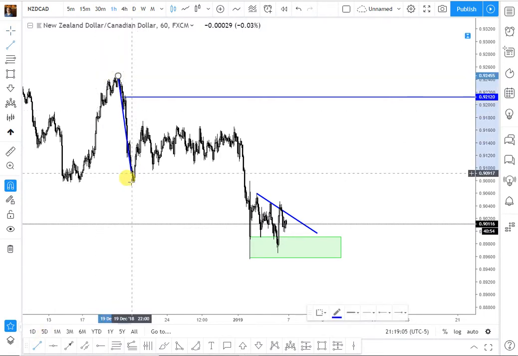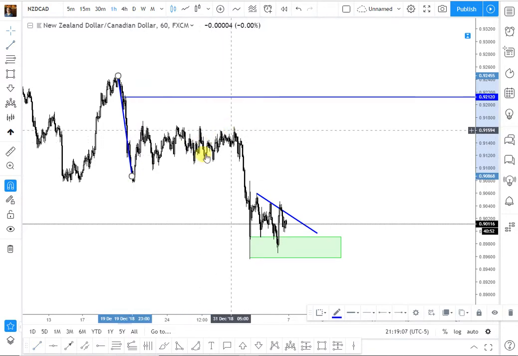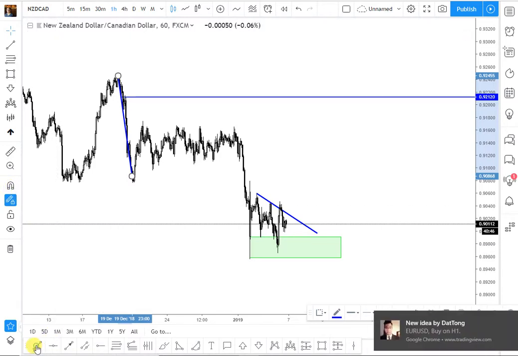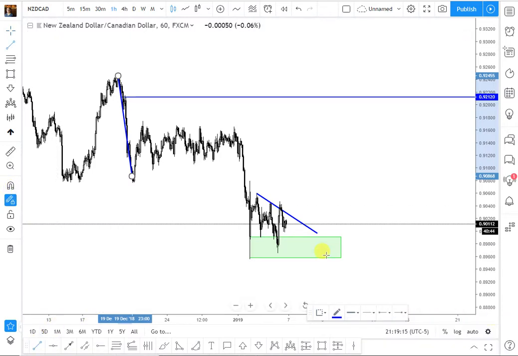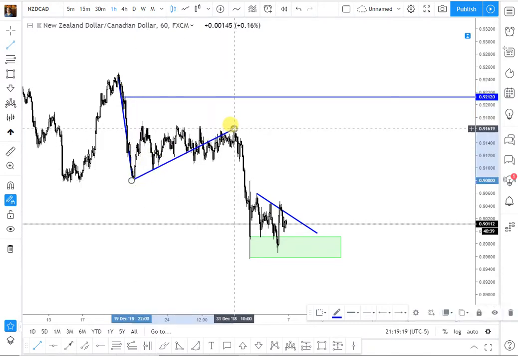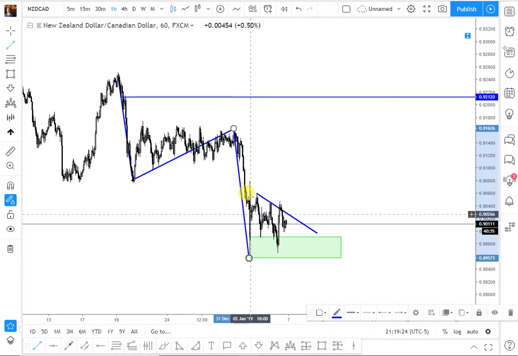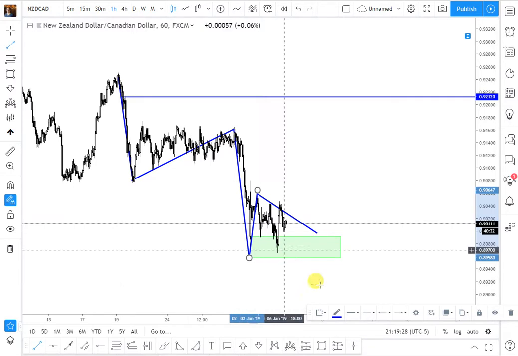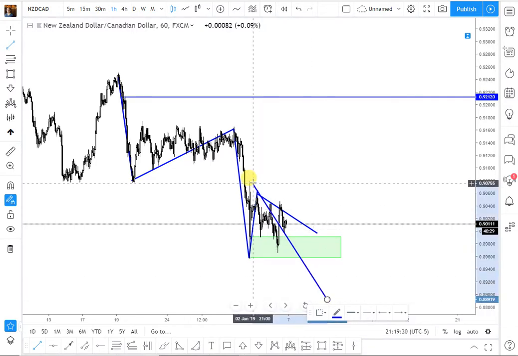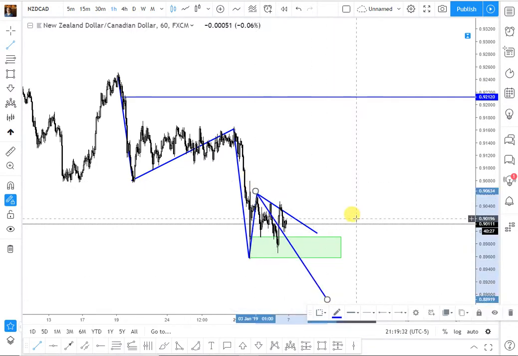So we have here an impulse, then a correction here, another impulse here, and this a correction. So we can expect another impulse maybe in this zone here.